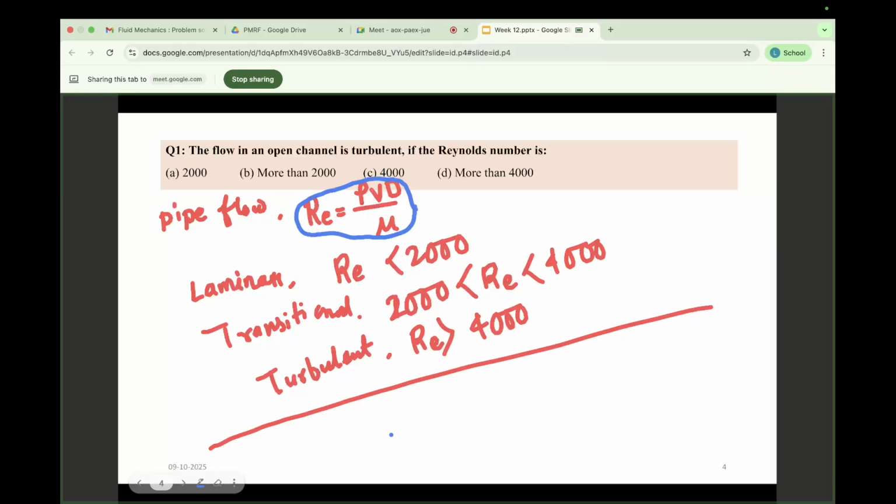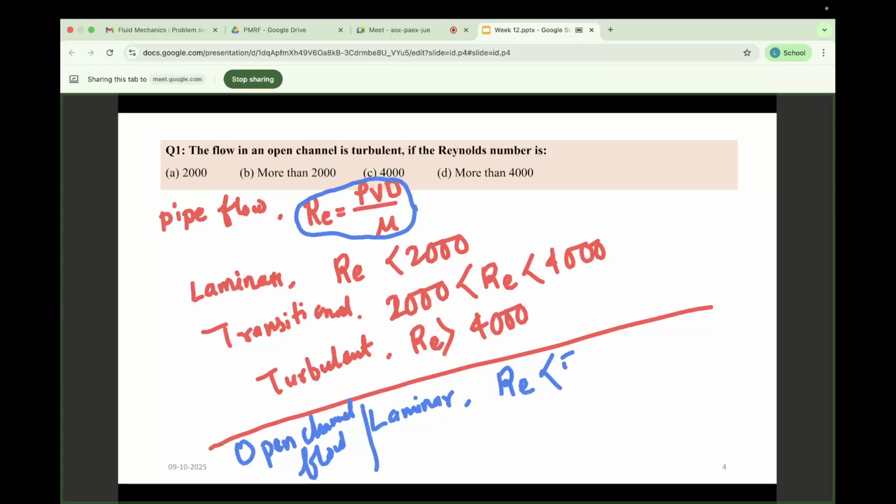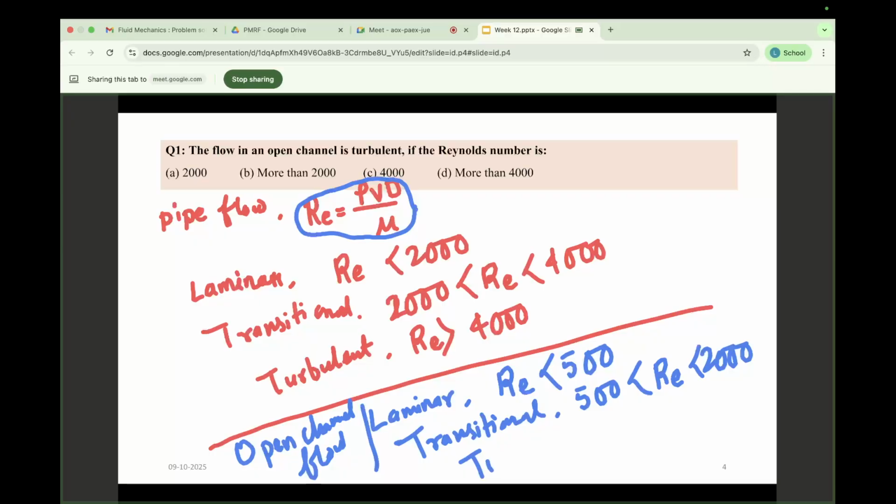But for laminar flow in an open channel, the Reynolds number should be less than 500, and transitional if the Reynolds number is between 500 and 2000. Please remember this range because it will help.